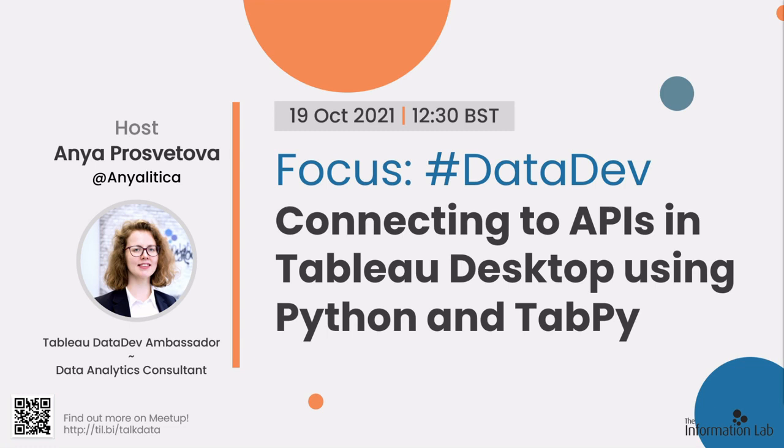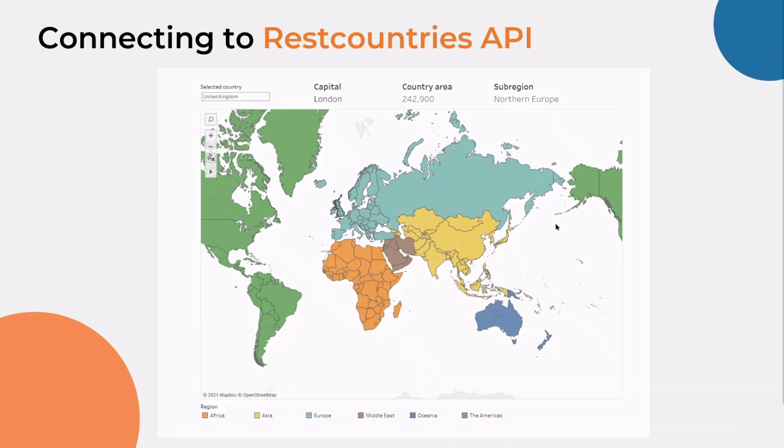So what are we going to build today? That's the dashboard that we're going to have by the end of the session. We are going to connect to REST Countries API that brings data about a country when you send the name of this country.